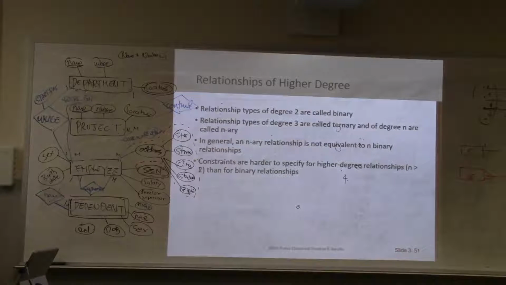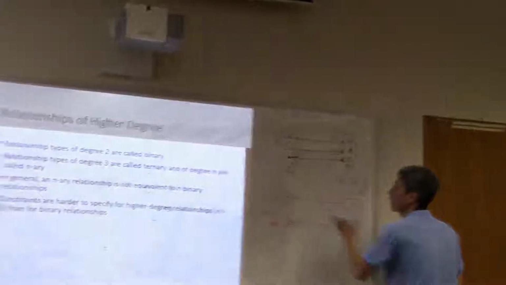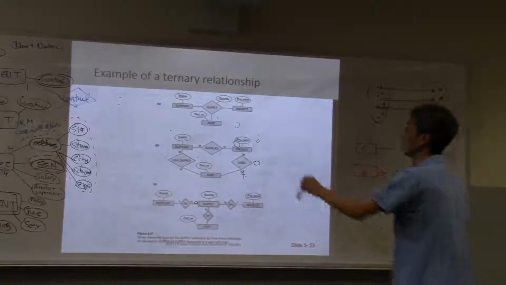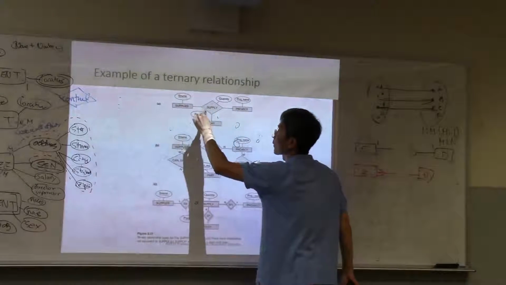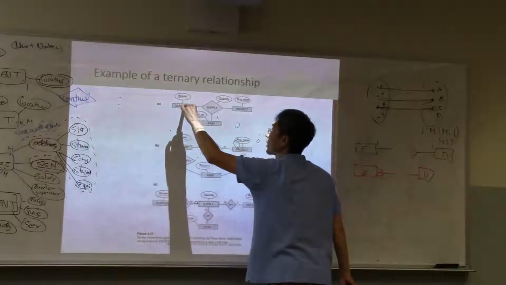What if so far our relationship has the 2 entities? Employee works for department, 2 entities. Even though employee supervisor employee is a 2 entity. Sometimes we may have more than 2 entities in one relationship. For example, this one, we have the supply relationship. In this supply relationship there is a supplier.